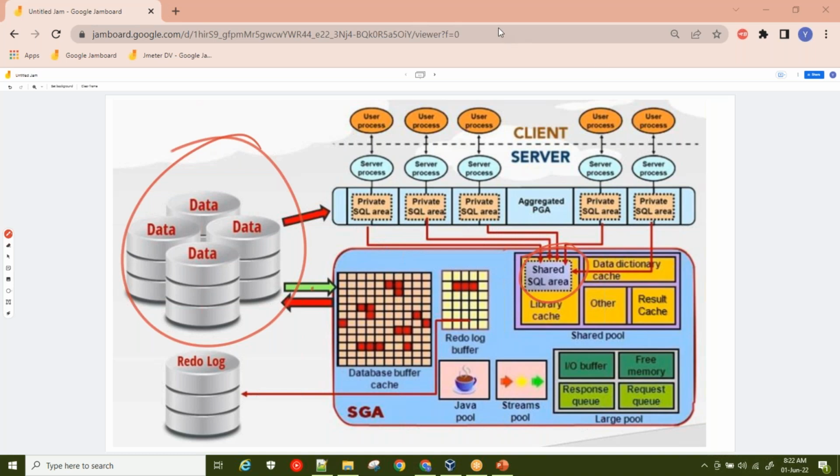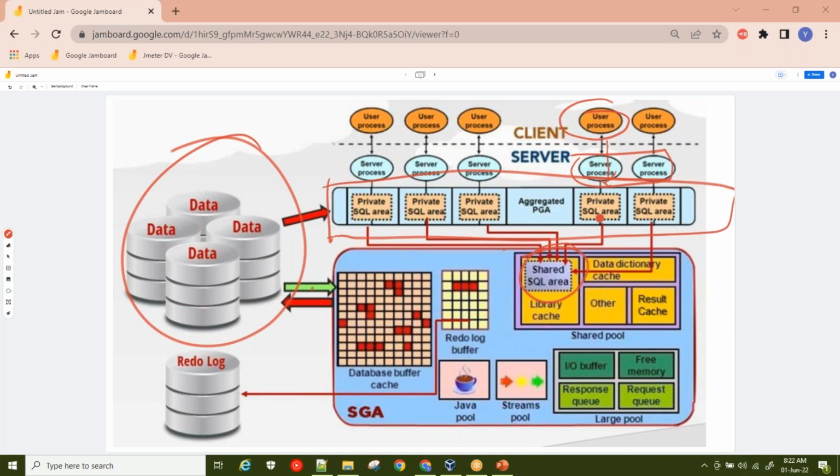Okay, let's see from the first. Here we have a user process. A user is, let's say, running a query. After the user process, it will enter the server process, which is generally our DB server. As soon as we enter, there is one memory area called the program global area, or the private global area.